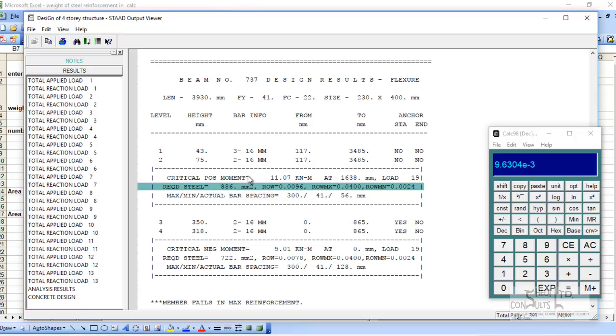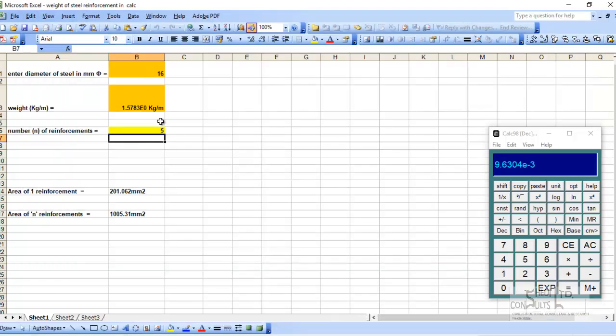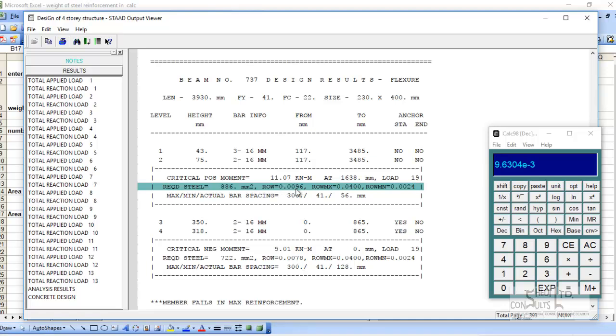Now, it then provided 5T16, and truly, if you check 5T16 from calculation, it gives you an AS of 1005 square millimeters, which is more than the AS required, which is fine. Now, what this means is it is checking the percentage of reinforcement within the concrete cross section.